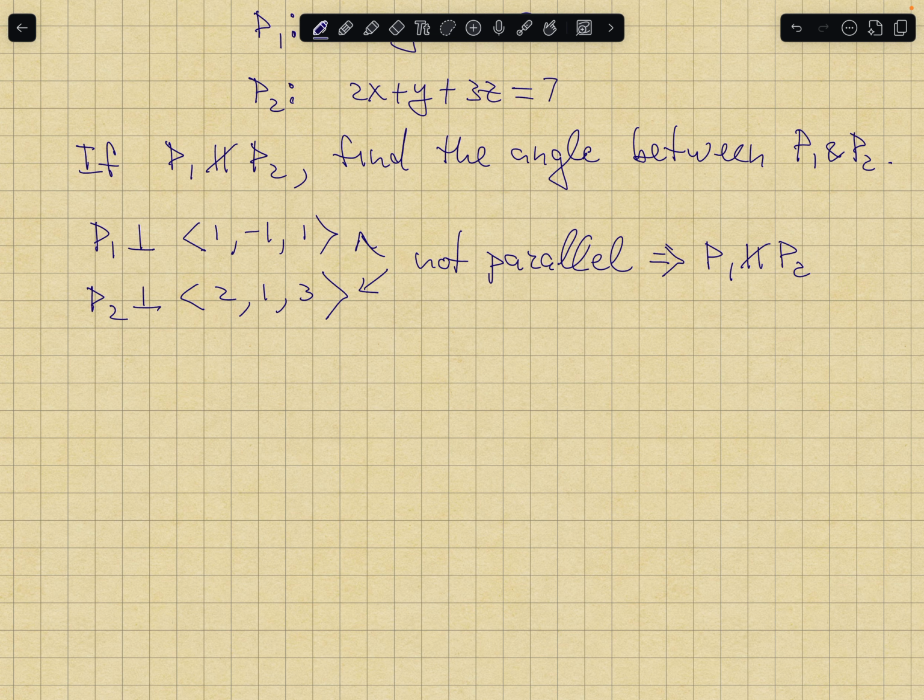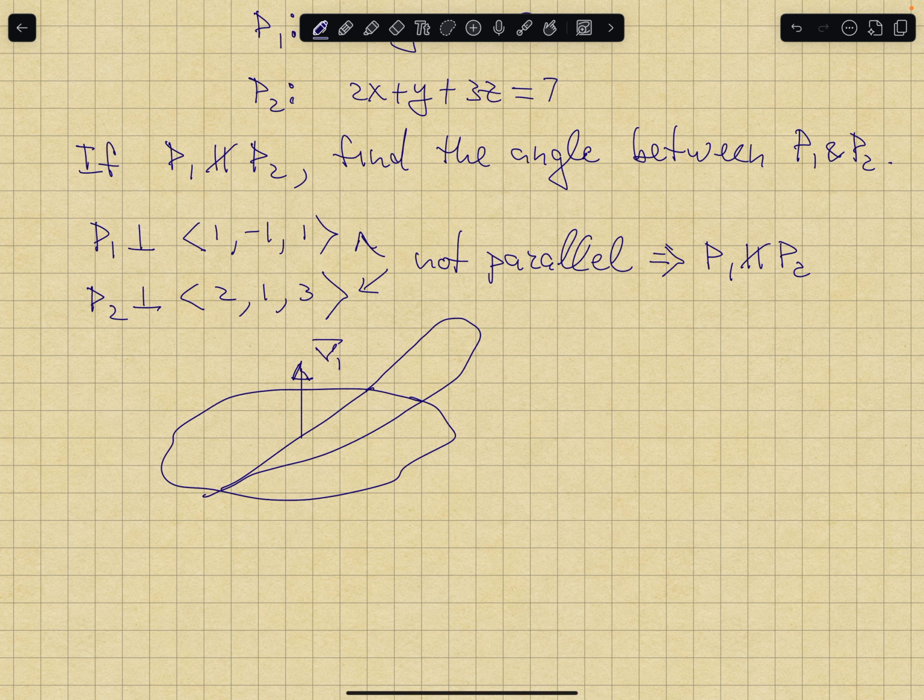And let's use the following picture. So if I have a plane P1, then another plane P2, maybe like that, and I want to find the angle between them. So if I look at this thing from the point of view of the line of intersection, there's a vector which is perpendicular to the plane P1.